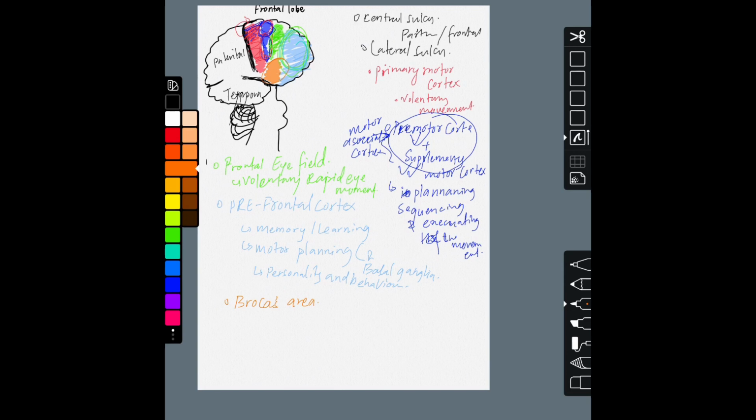That is, if someone is right-handed, then this area will be found in the left hemisphere of the frontal lobe. Another important thing is its function is to control the muscles of speech.